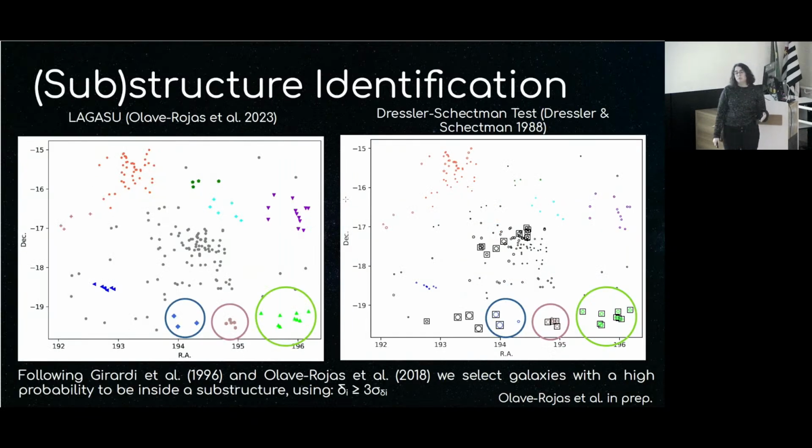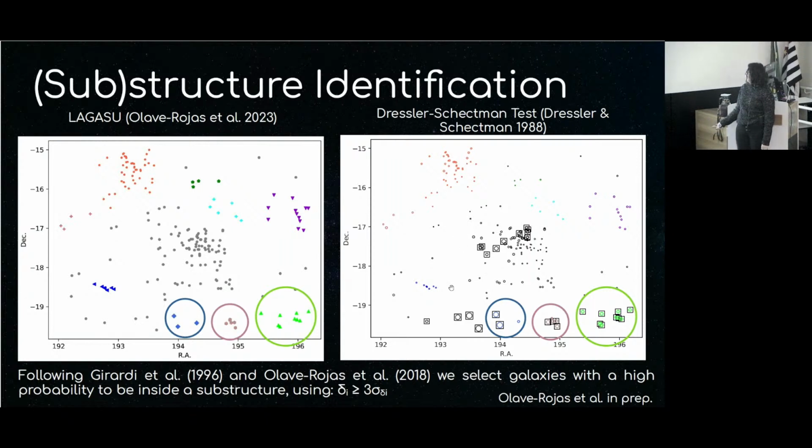And also, in order to test and develop a cross correlation between the substructure identified in the spectroscopic sample with the clustering algorithms and the substructure identified, for example, with another technique, I perform the Dirichlet-Checkman test in the spectroscopic sample.